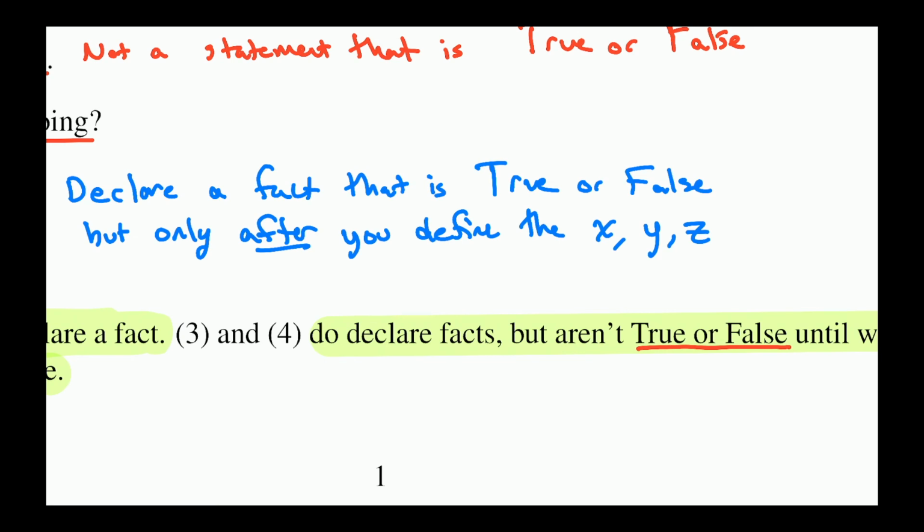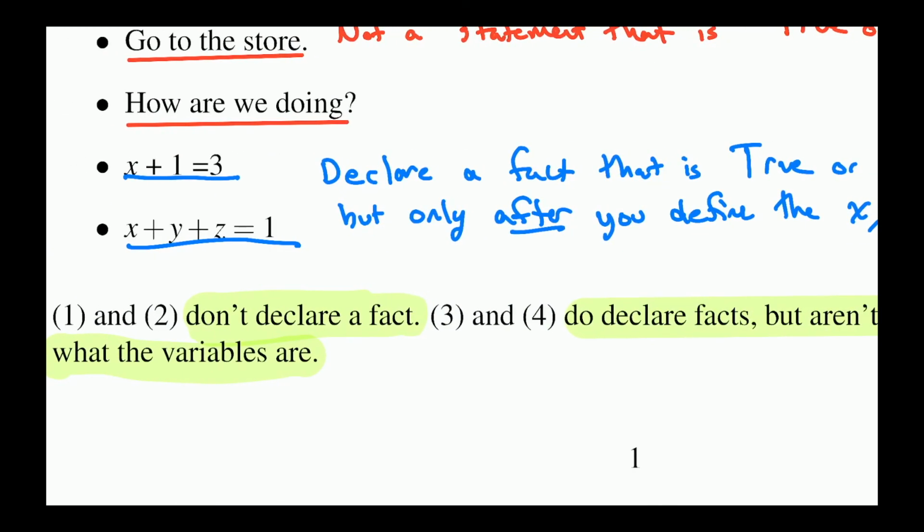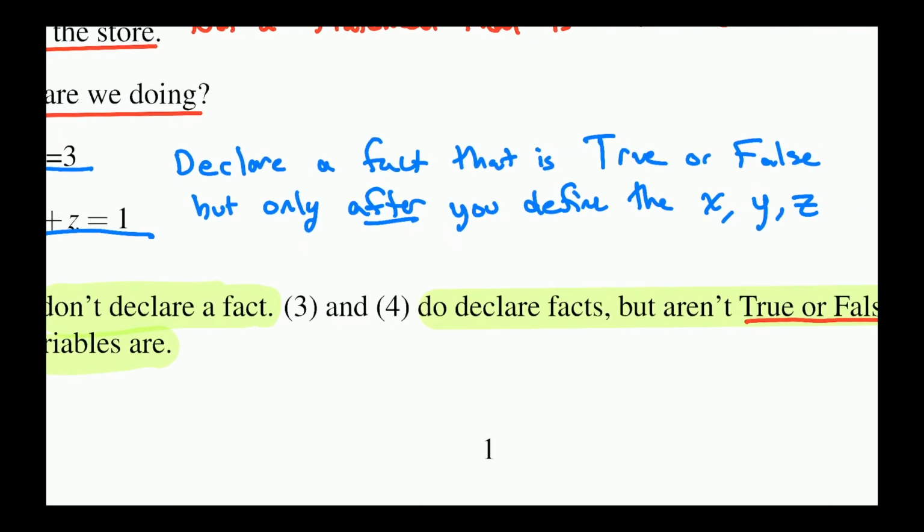Whether or not x plus 1 equals 3 depends on x. So if nobody has defined x yet, then it can't possibly be true or false, so it can't be a proposition. So until then, not a proposition.